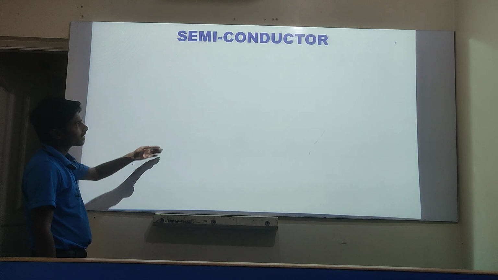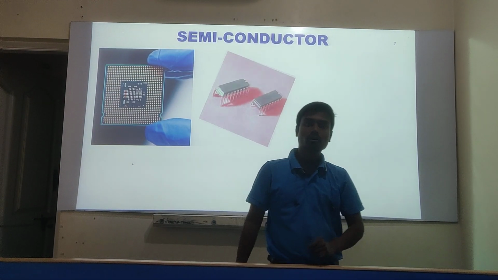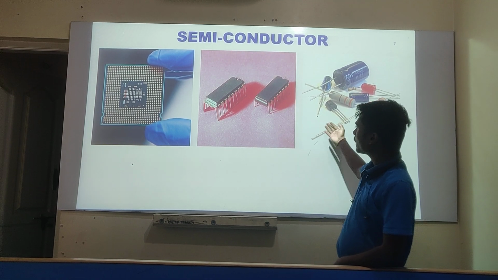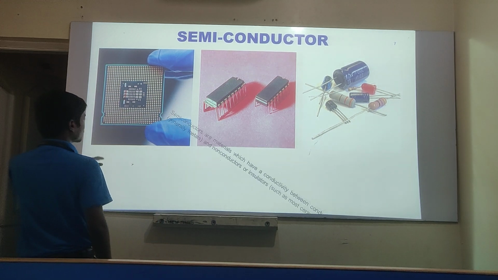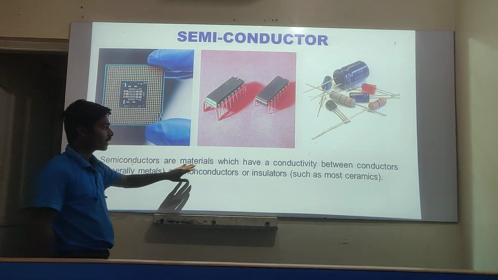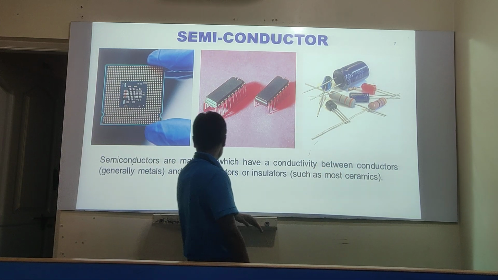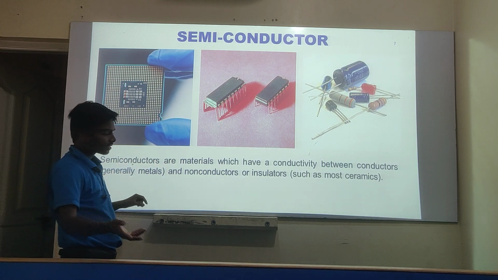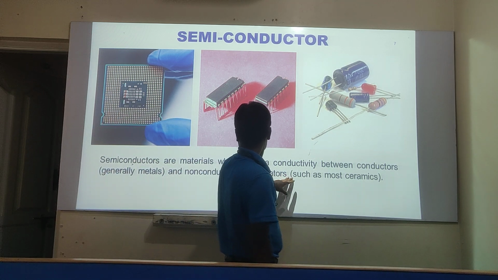Our next topic is semiconductor, our main topic. In this we will see what all the things are. These are all semiconductors, as you can see. But what is a semiconductor? Semiconductors are materials which have a conductivity between conductors, which are generally metals, and non-conductors.